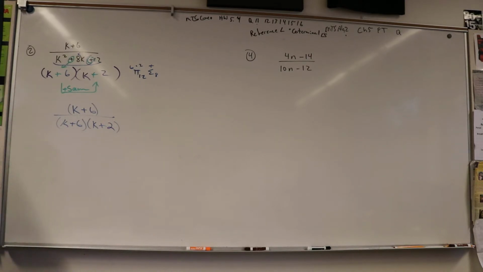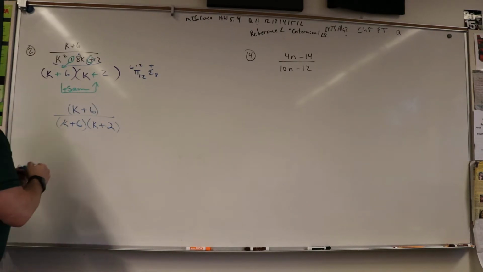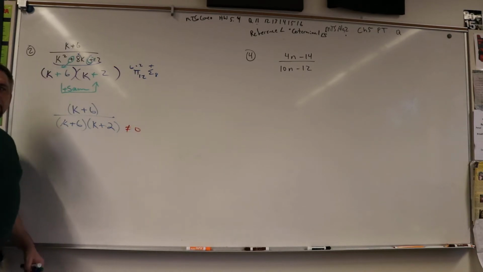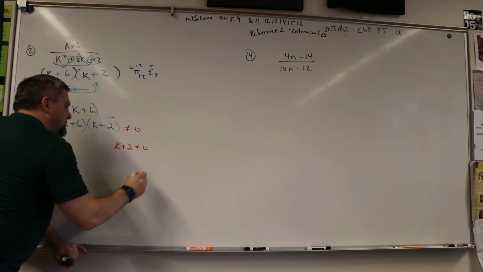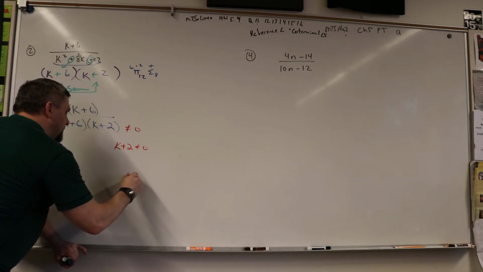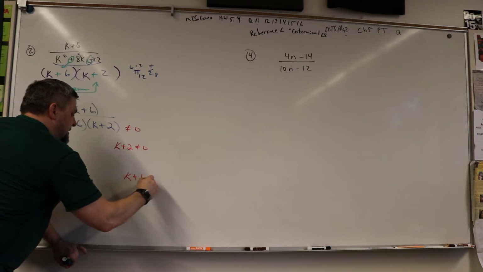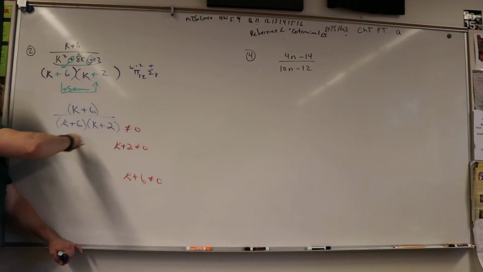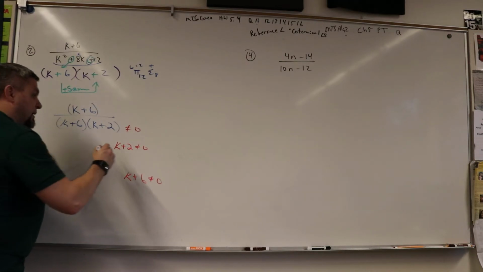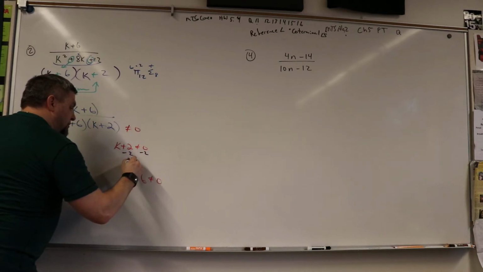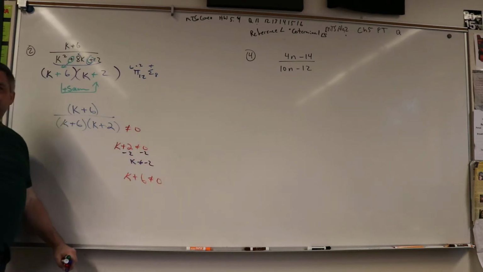Now before we cancel anything out, we need to make sure we know what cannot be 0. So K plus 2 cannot equal 0, and K plus 6 cannot equal 0, because anything in the bottom cannot be 0. All I do is subtract 2, so K cannot be negative 2.